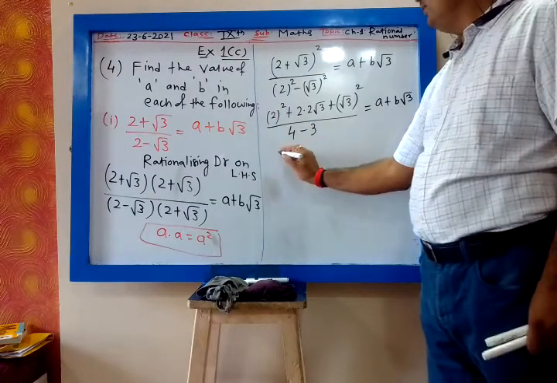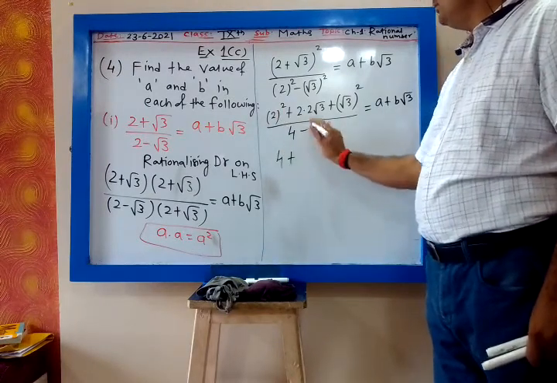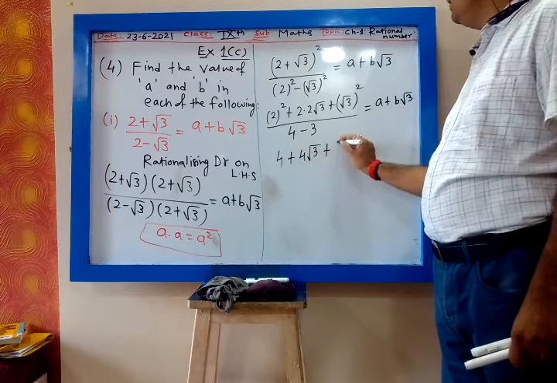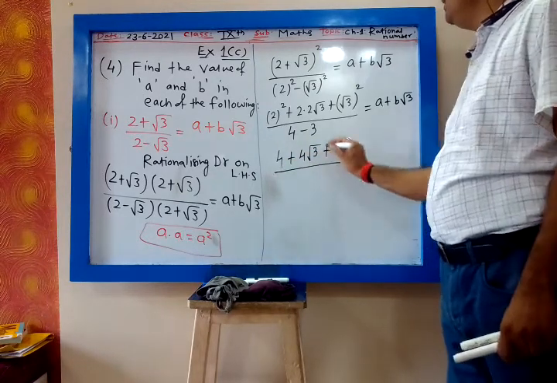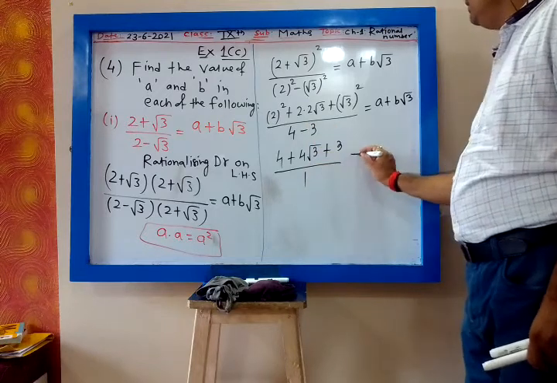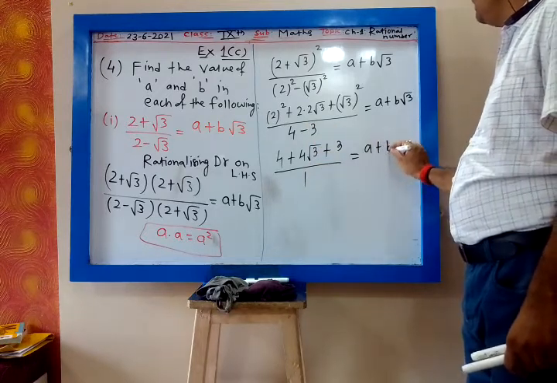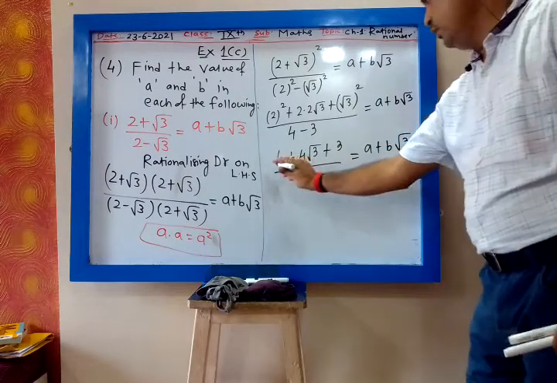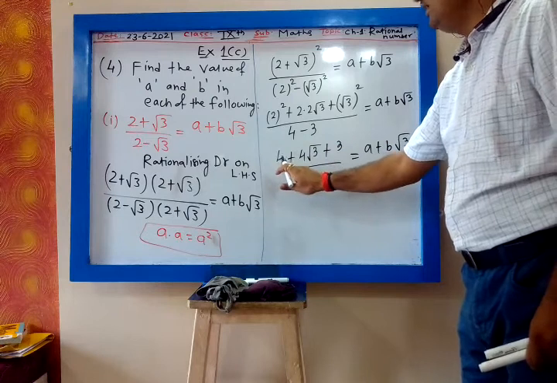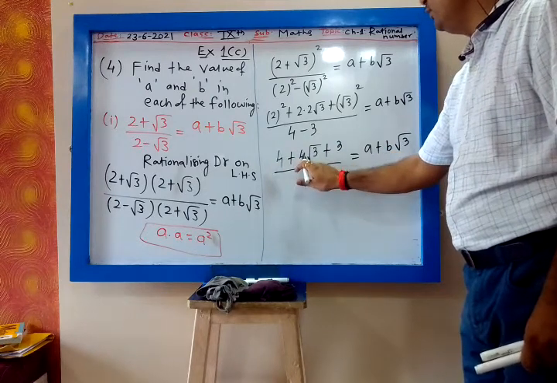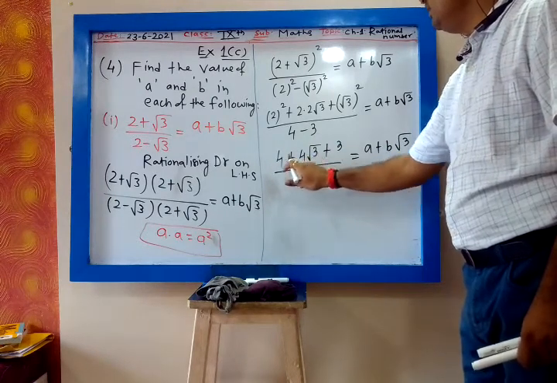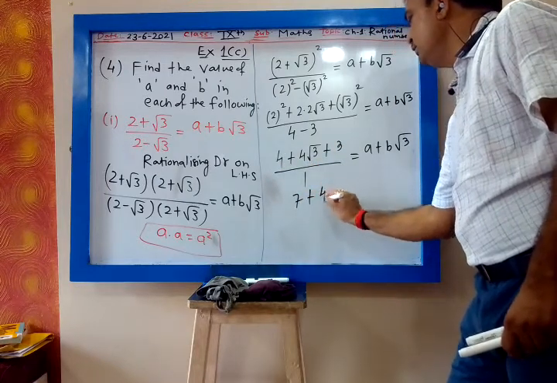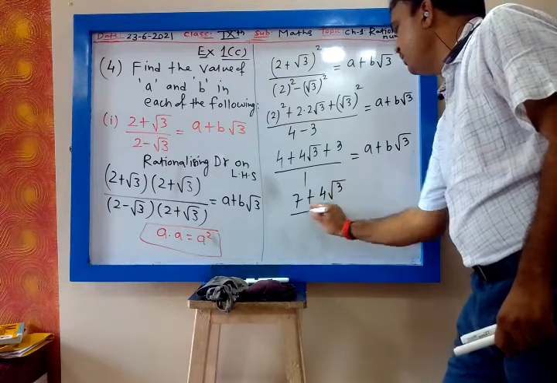Now 2 square is 4, plus 2 twos are 4, 4 root 3, plus root 3 square is 3, upon 4 minus 3 is 1, is equal to A plus B root 3. I cannot add this 4 with the 4 root 3 because there is a root 3 with it, so I add 4 and 3, that is 7 plus 4 root 3 upon 1.